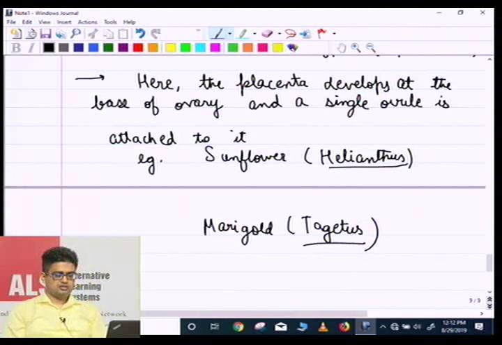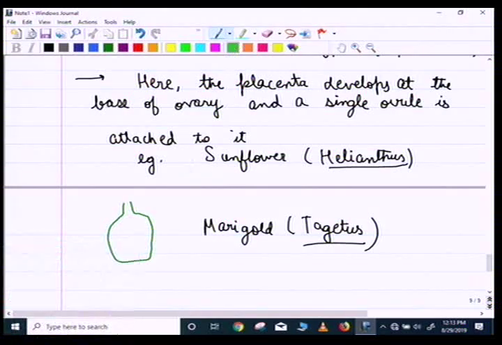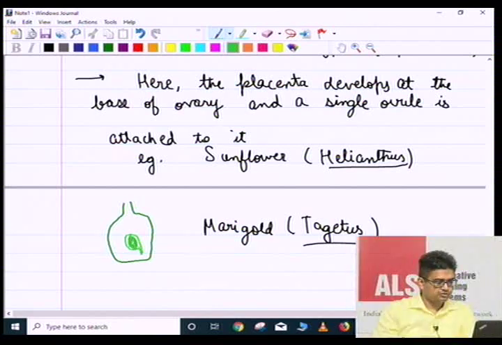Okay. What happens here? You can draw the diagram here. It is present like this. Single ovule is attached to it here. And you can see, the ovule is coming out from the base here, like this.